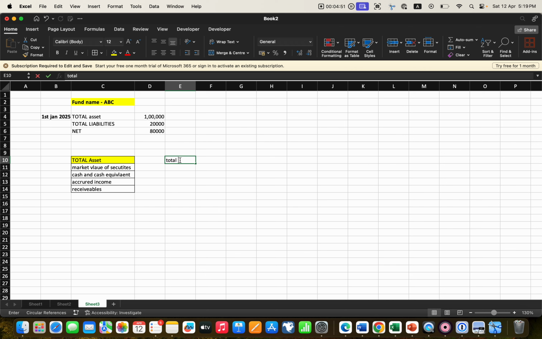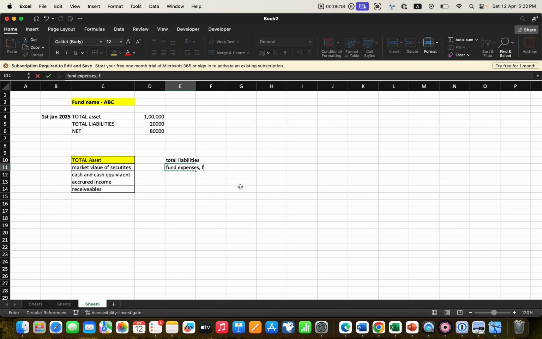Total liability includes the fund expenses, maybe the fees, electricity expenses, admin expenses, stationery expenses, or maybe anything. It will include small to small items, and it includes the salary of your employees as well.